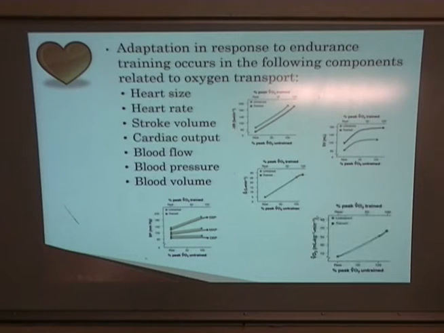Blood pressure, and this one is VO2. The graphs won't be on the exam, but for some of you the graphs might help you understand this idea of adaptation. Adaptation is positive. The body is going to change in response to stress in a way that allows us to manage that stress more effectively.